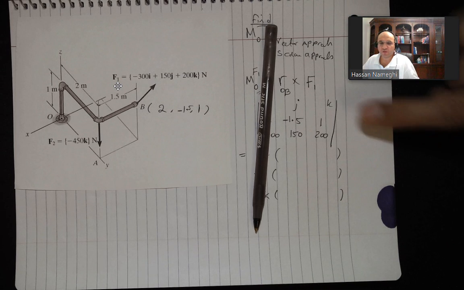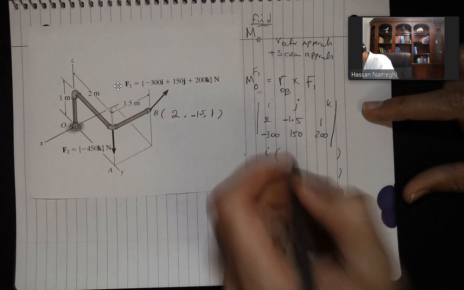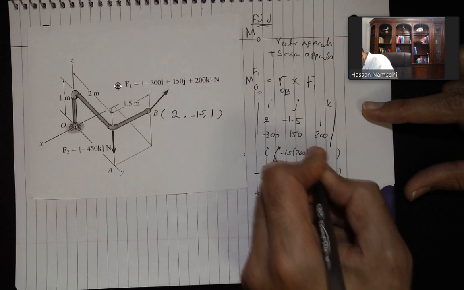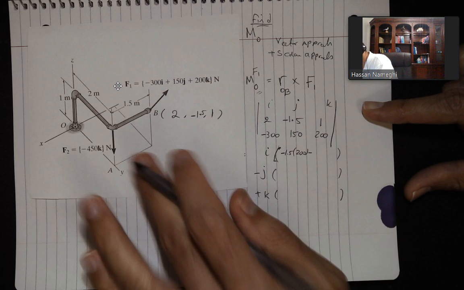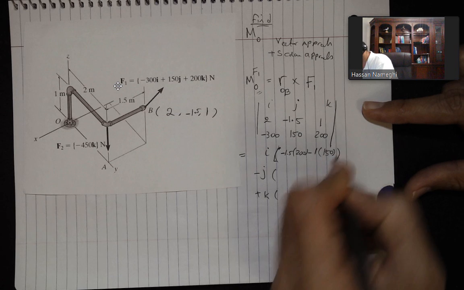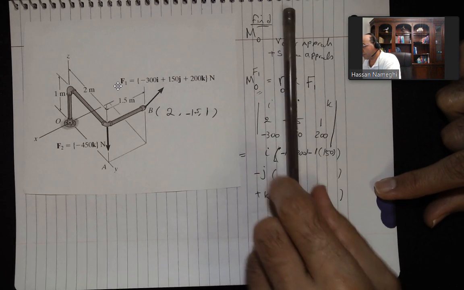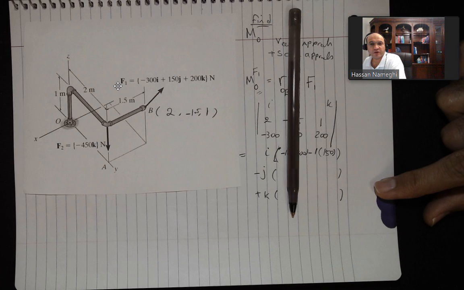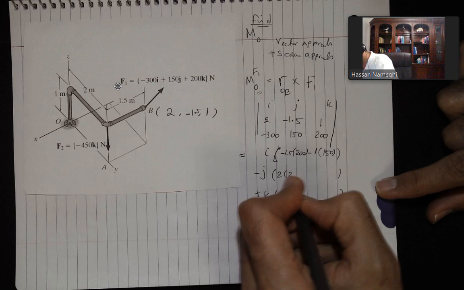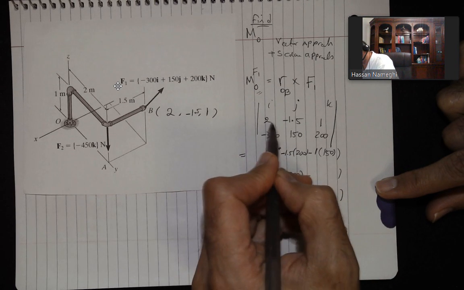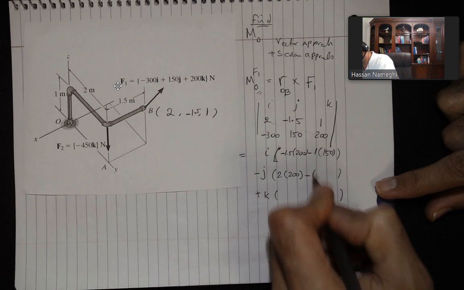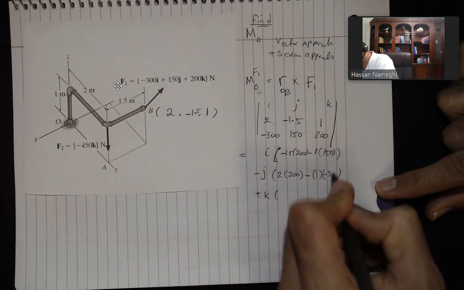If I cover i, I get minus 1.5 times 200, minus 150 times 1. Done with this. I'm going to put my pencil on the j when I do j. So 2 times 200 minus 300 times 1, or 1 times minus 300.